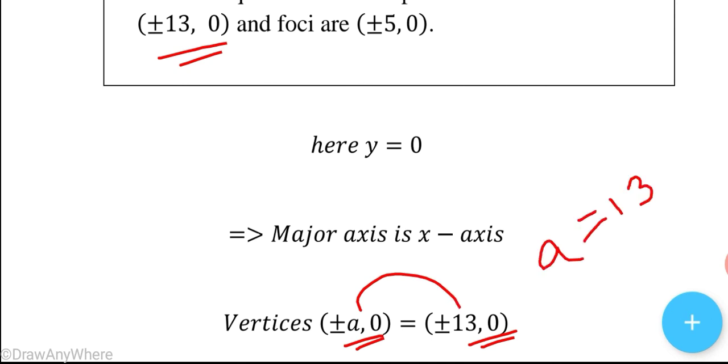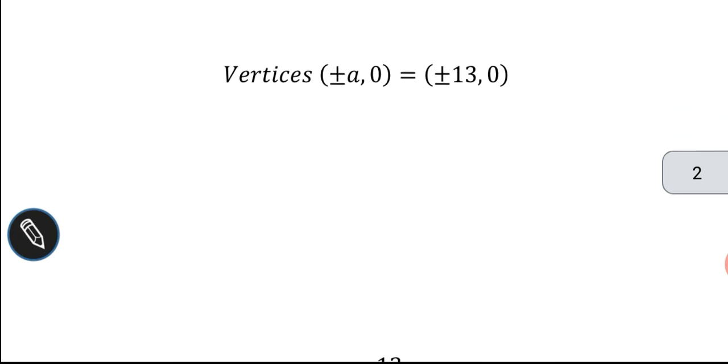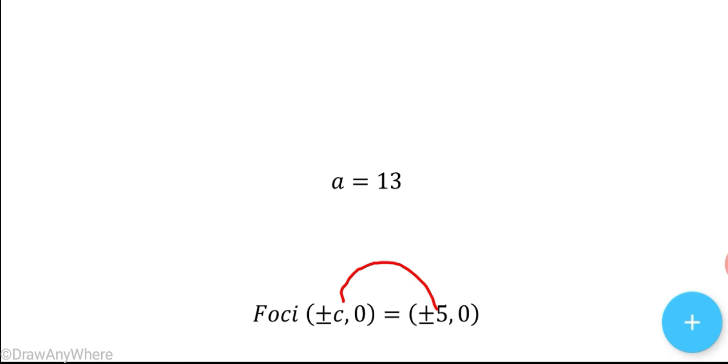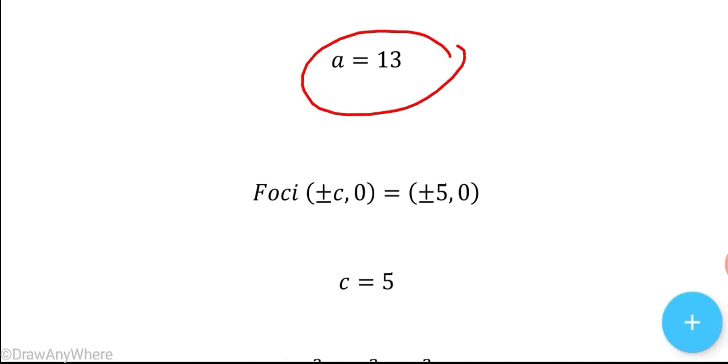Similarly for foci, plus or minus c comma 0, and the given foci are plus or minus 5 comma 0, so c is equal to 5. So the value of a is 13 and the value of c is 5.